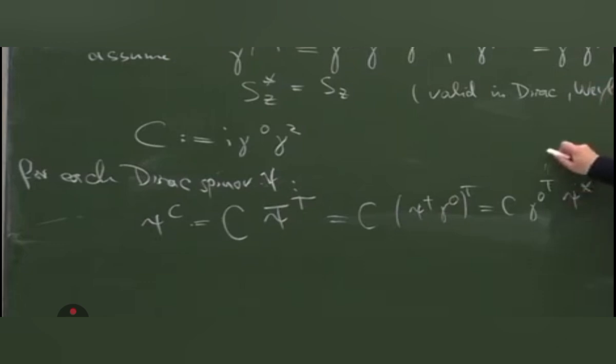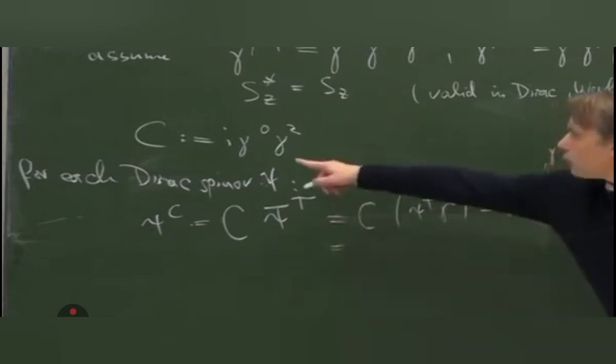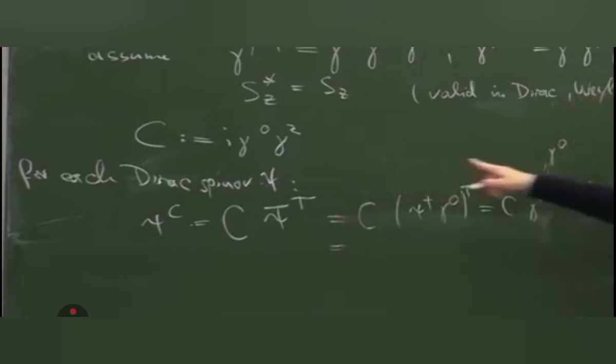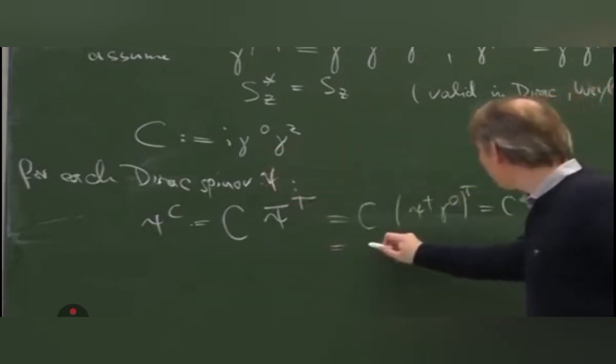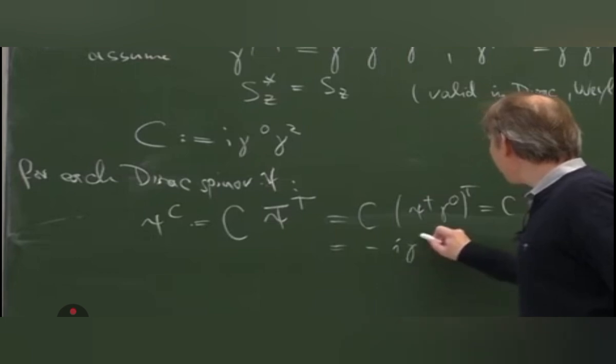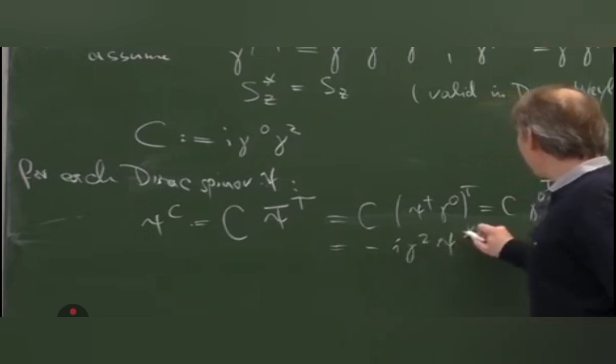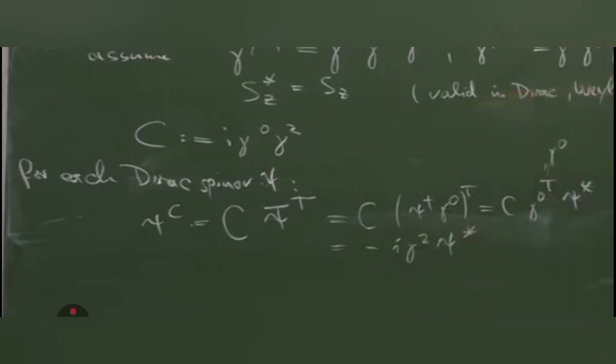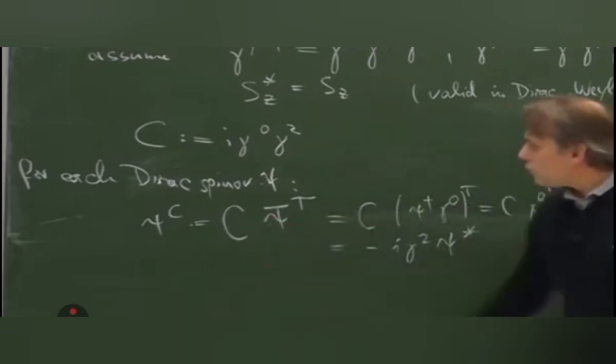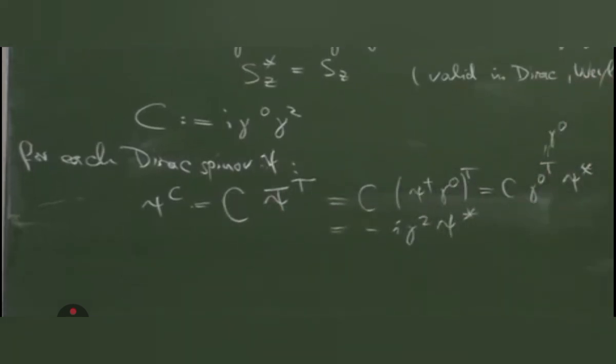Then you can plug in that matrix C: gamma 0 anti-commutes with gamma 2, gamma 0 squared is the unit matrix, so that is the same as minus i gamma 2 times psi star. So the charge conjugated spinor psi superscript C is defined in this way, either in that way or in this way, they are equivalent.